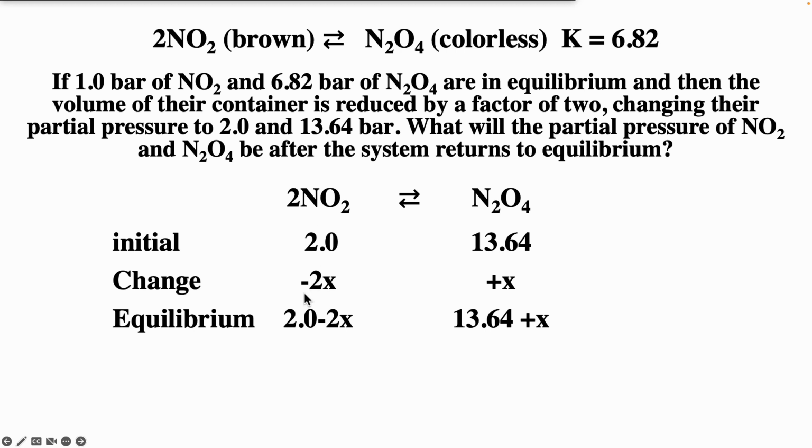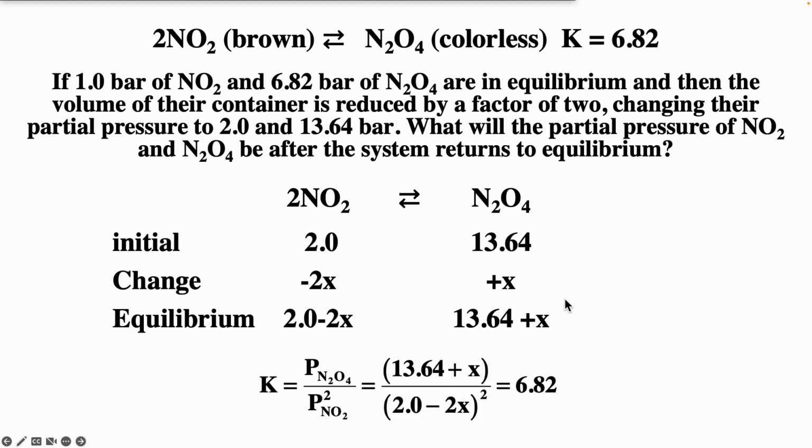And so initial plus change gives us equilibrium, so 2 minus 2x, 13.64 plus x. Now our equilibrium expression, we have products over reactants, coefficients become exponents. And so we plug in the 13.64 plus x for the partial pressure of N2O4, and the 2 minus 2x for the NO2. Remember, that gets squared, and that equals 6.82.